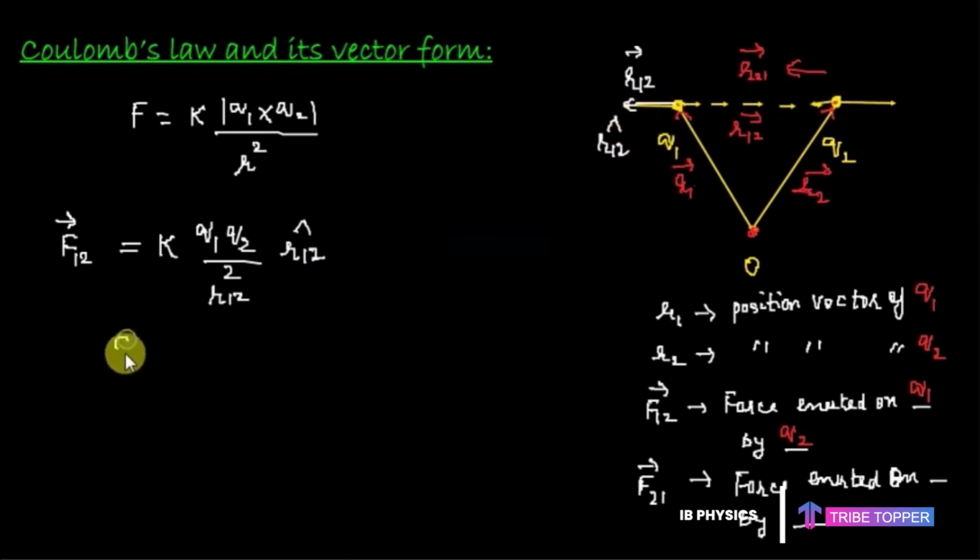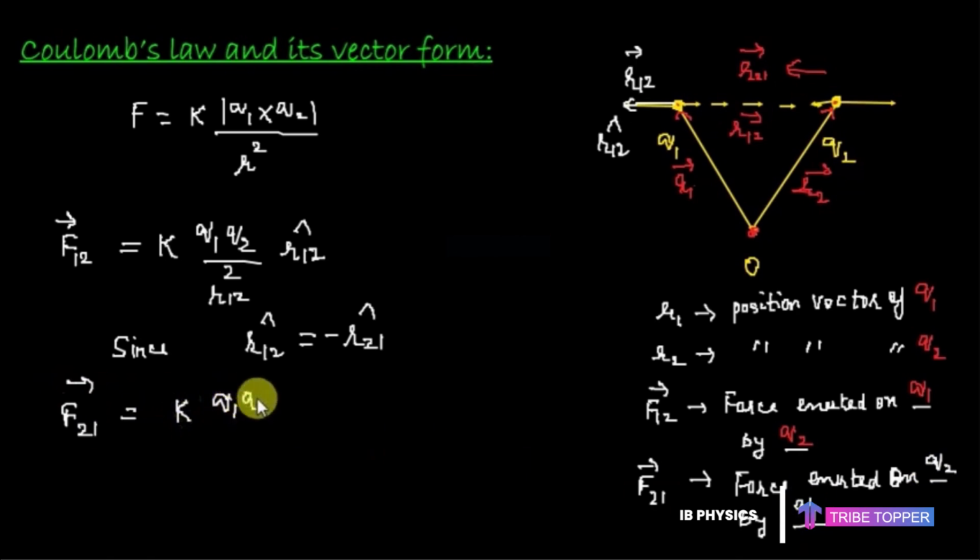Since the R12 unit vector and R21 unit vector are equal but opposite, I'll put a negative sign here. Converting the suffixes, F21, the force exerted on Q2 by Q1, is given as k times Q1 Q2 upon R21 square times the R21 unit vector, which is towards the right.